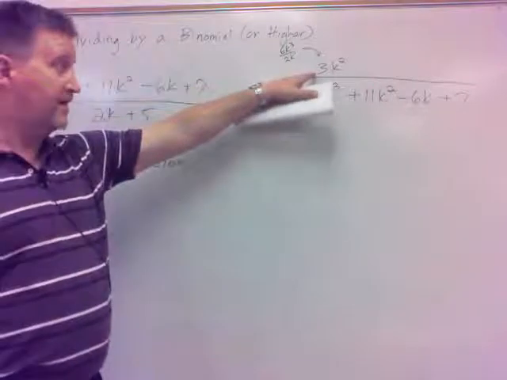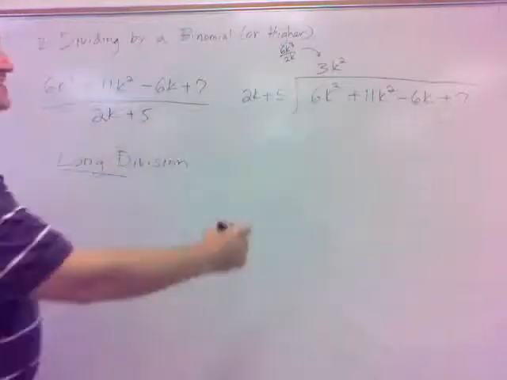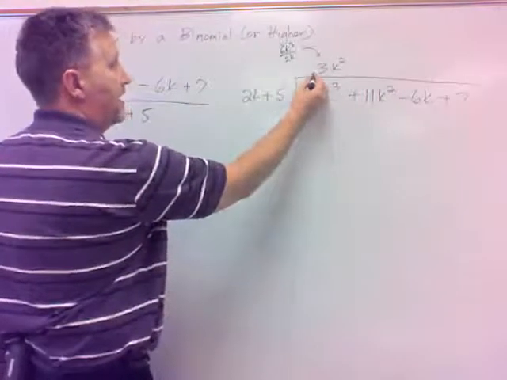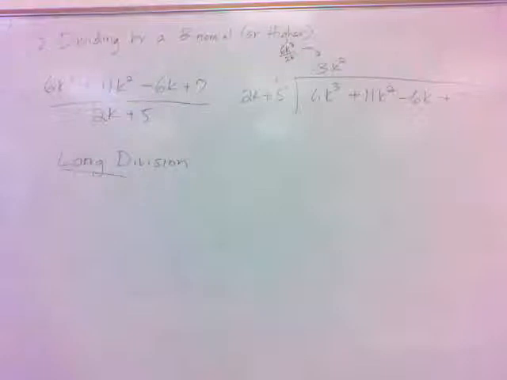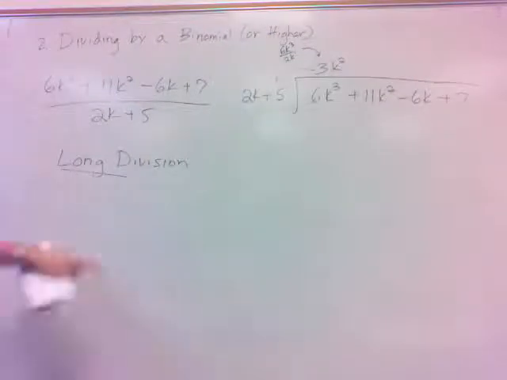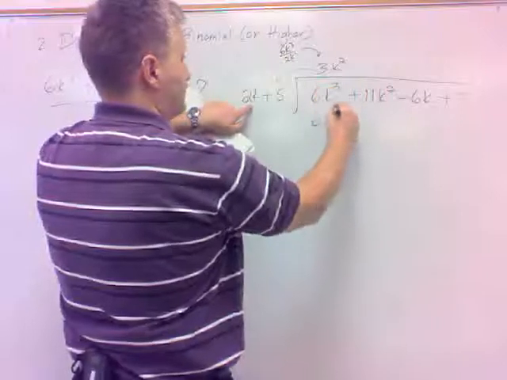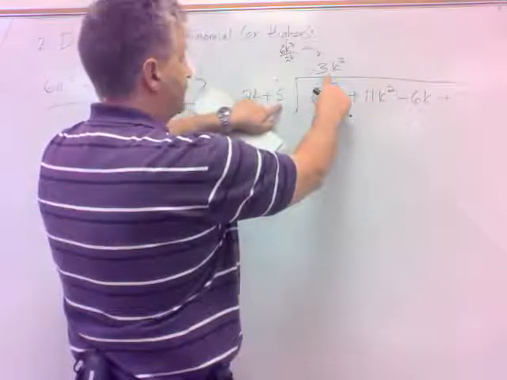Okay, but I have to take that and multiply this expression by my divisor over here. In other words, distribute it amongst those two terms. 3k squared times 2k is 6k cubed. And then 3k squared times 5 is 15k squared.